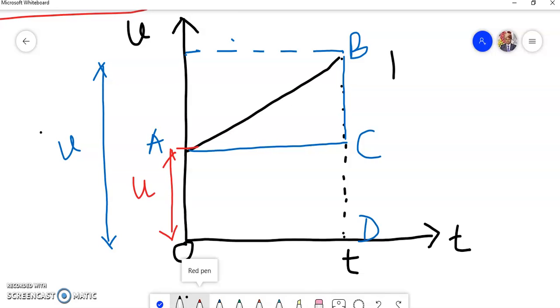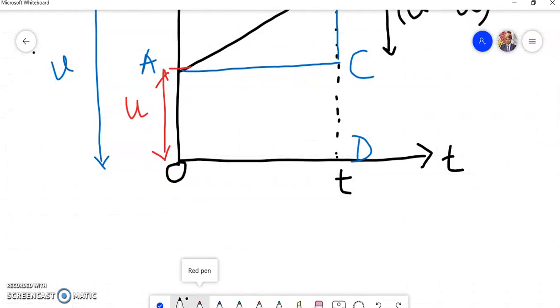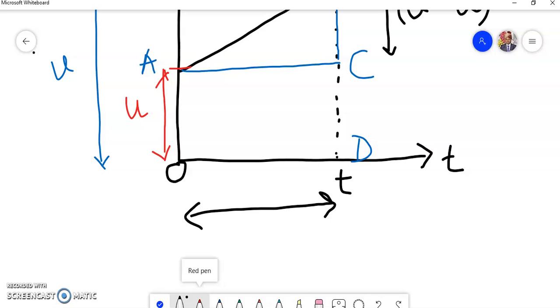So this distance will be v minus u. BC will be equal to v minus u, and as you are seeing, it is 0 here, it is t here, so it will be t.